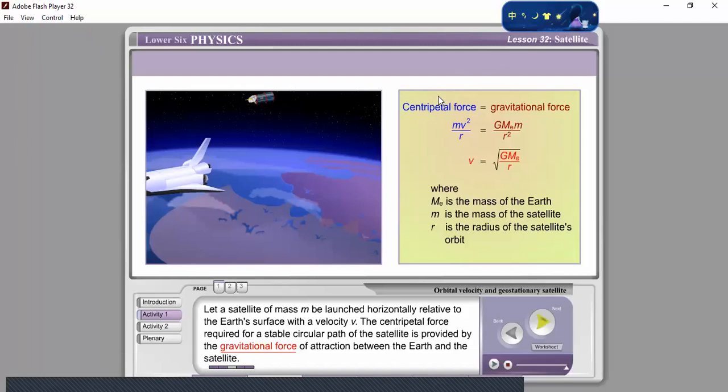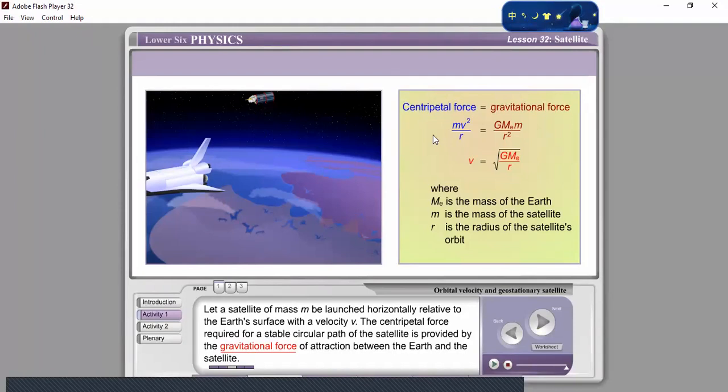Okay, so we look at here, the satellite will always orbit around the Earth. This is because the satellite is attracted by the gravitational force of the Earth. This gravitational force attracts toward the center of the Earth and causes the satellite to not move away from the Earth.